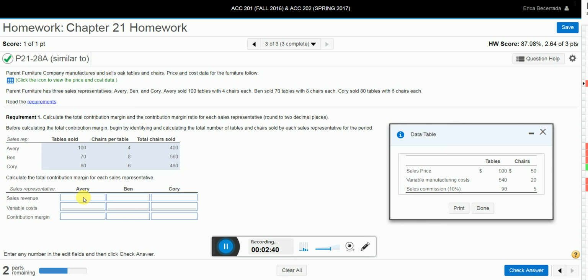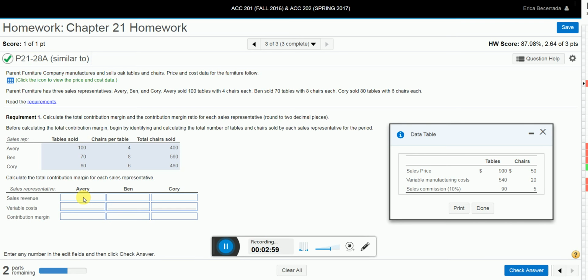And then we're going to add that to the total chairs sold multiplied by the sales price of each chair.